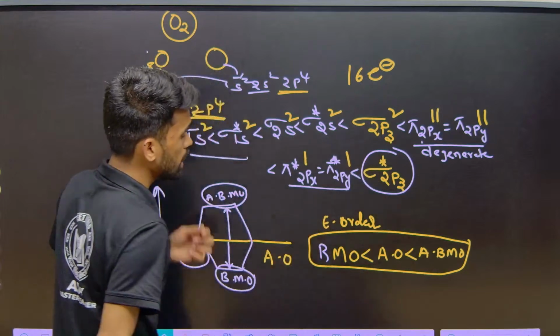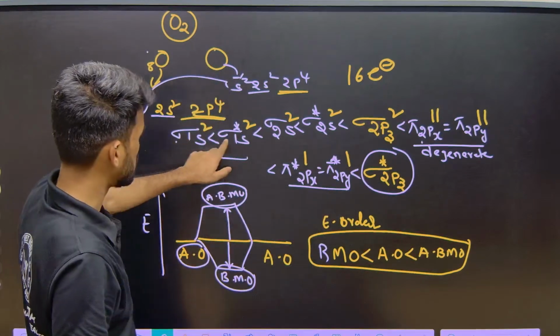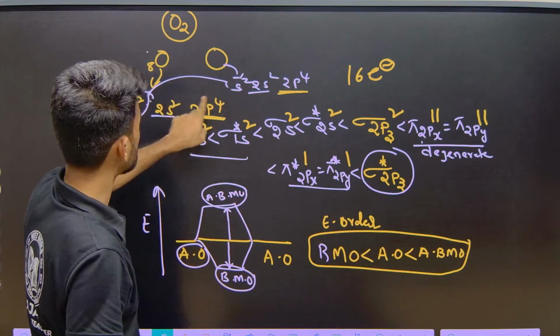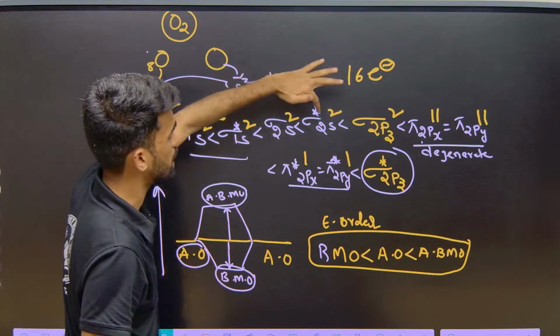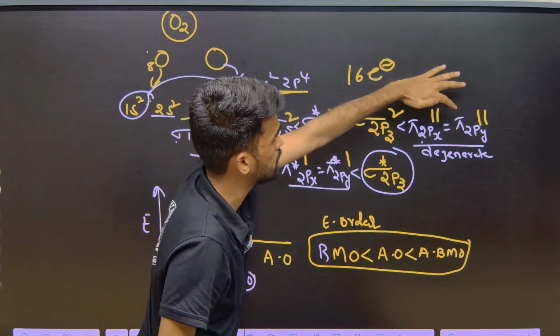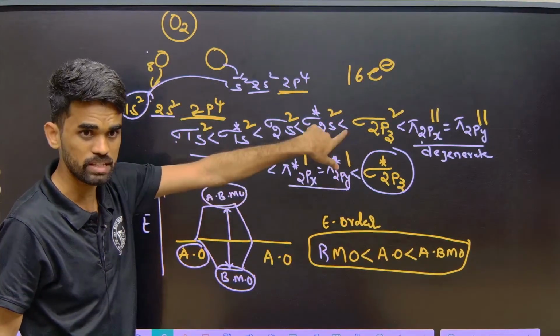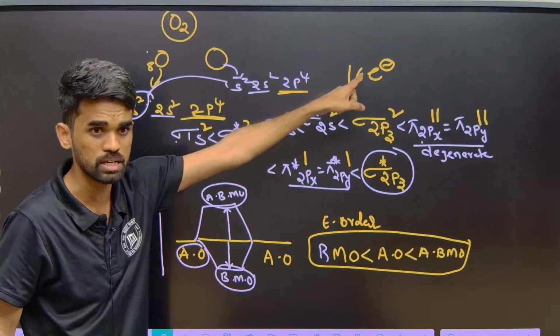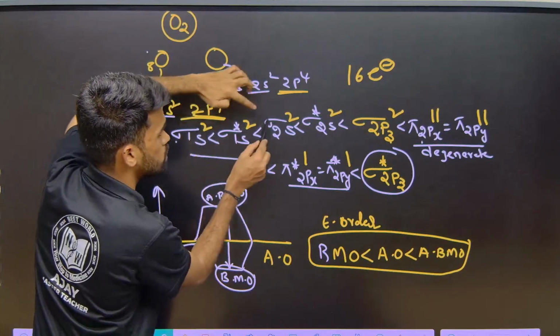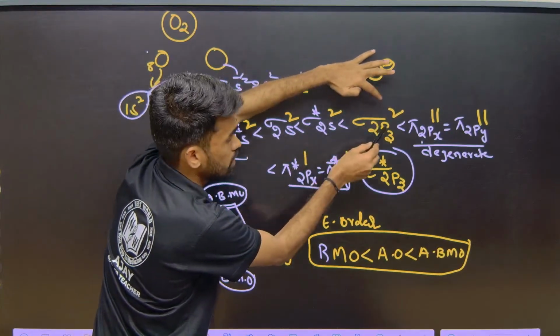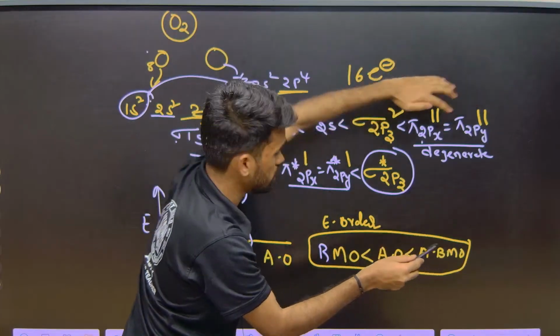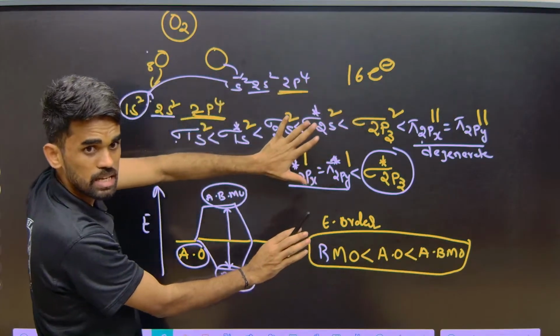Let me check if we missed anything. How many electrons are there? 16. Is that clear? Total 16 electrons are done.